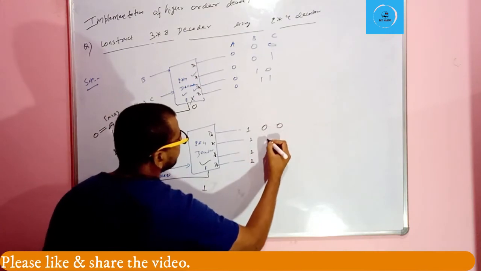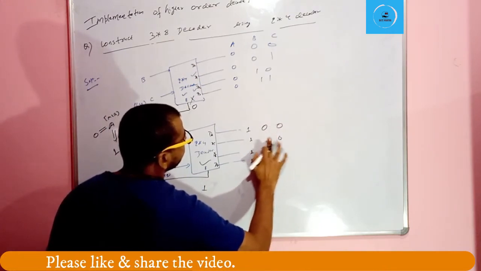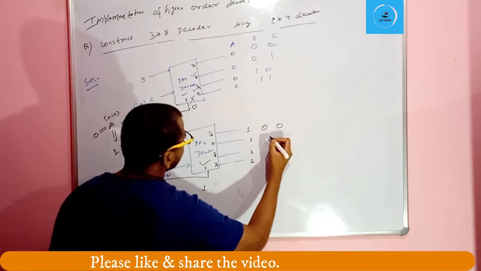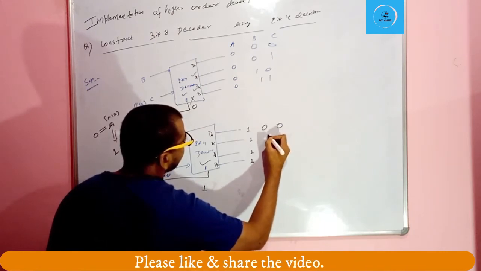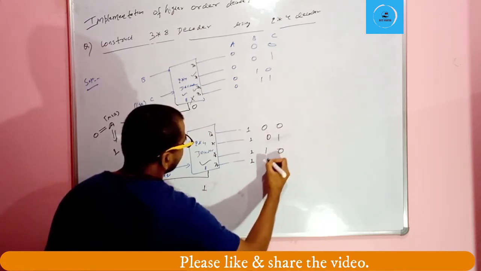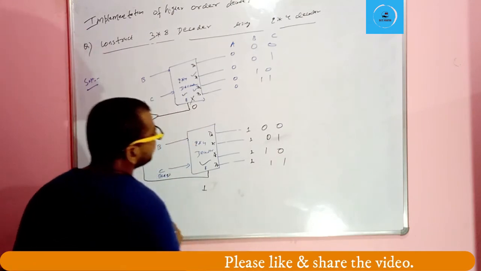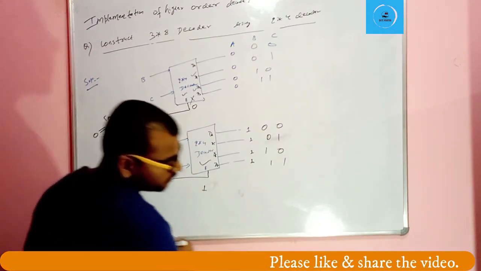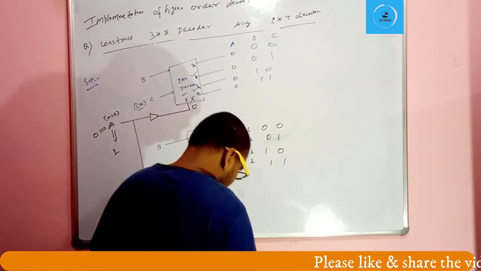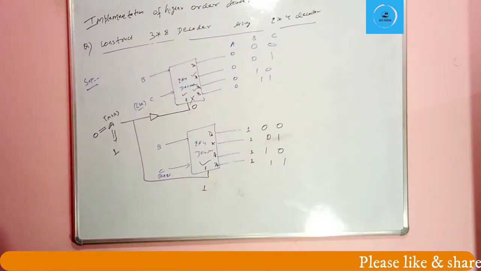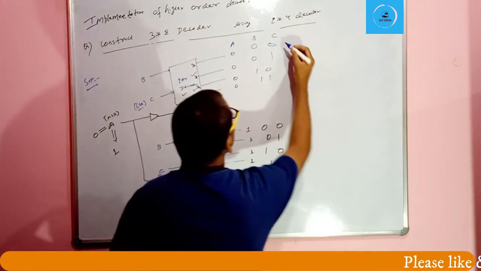For B and C 0 0, D4; for 0 1, D5 will be selected, and 1 0 D6 and 1 1 D7. So we can write the expression here.